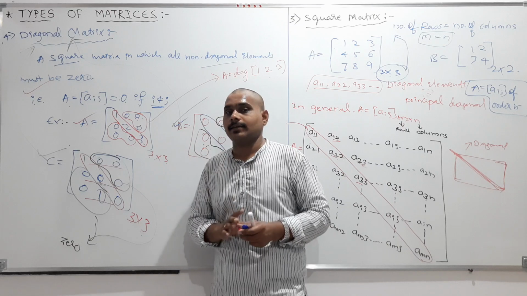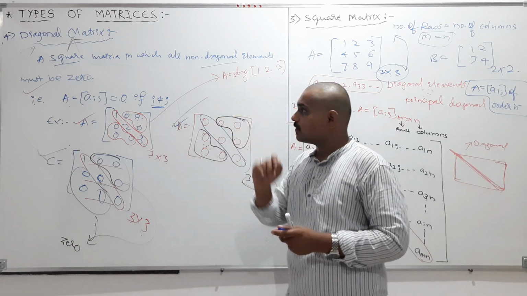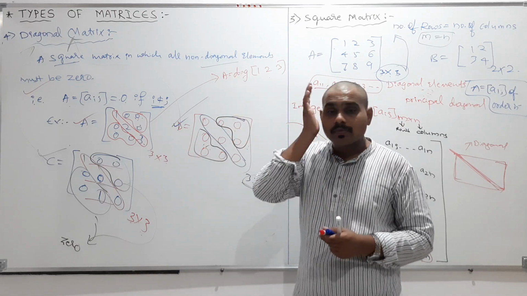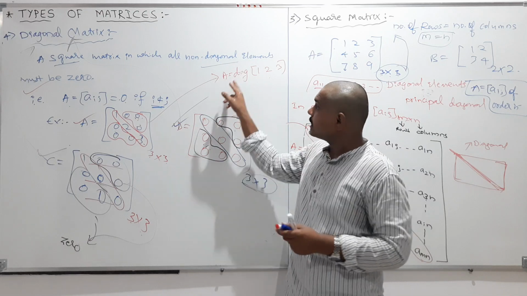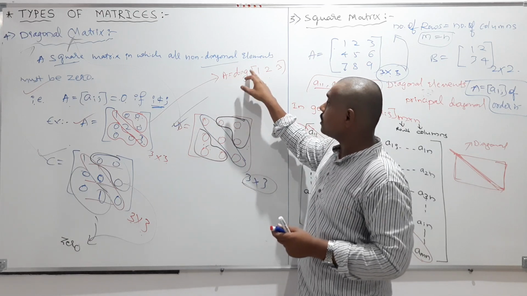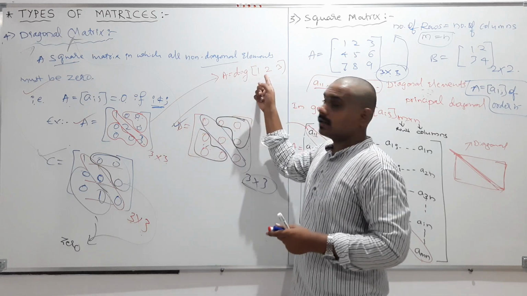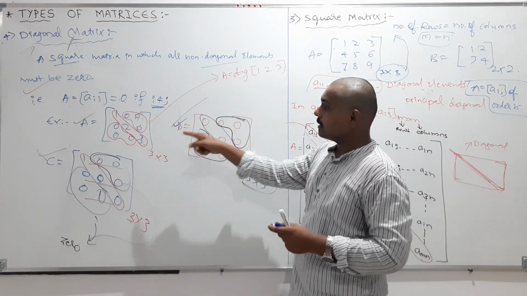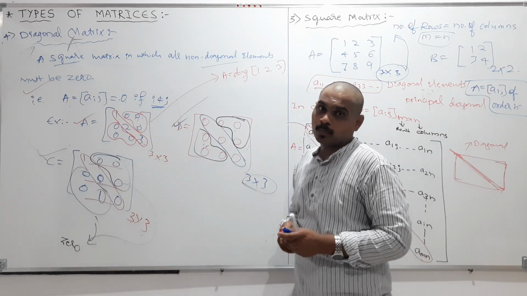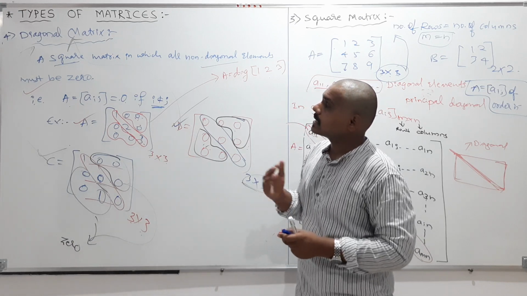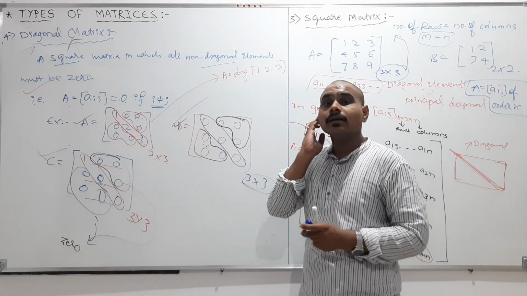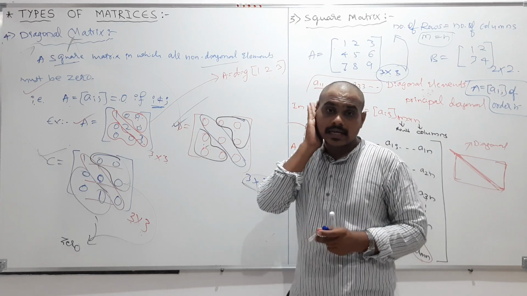Just check that. So these are all examples of the diagonal matrix. And normally the diagonal matrix notation is written like this: A is equal to diagonal 1 2 3. It means the diagonal matrix has these elements in the diagonal places. Clear? We will discuss the remaining types of matrices in the next class.